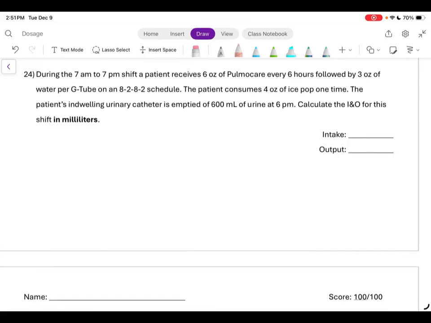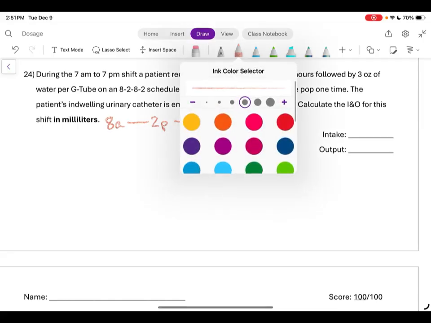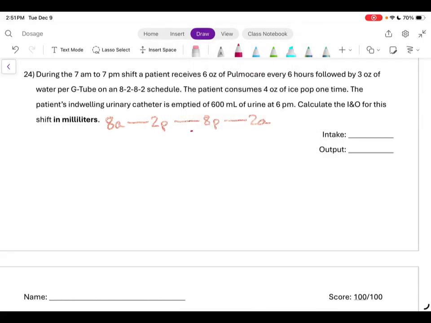So we've got our last schedule again, 8, 2, 8, and 2, right? If I'm working a 7 a.m. to 7 p.m., I don't have to worry about this or this. At 8 a.m., I'm gonna come in and I'm gonna give them 6 ounces plus 3 ounces, right? I'm gonna do it again at 2 p.m., 6 plus 3, right? Again, 6 plus 3 is 9. 9 times 2 is 18, right? So 18 ounces. Again, don't forget the ice pop.